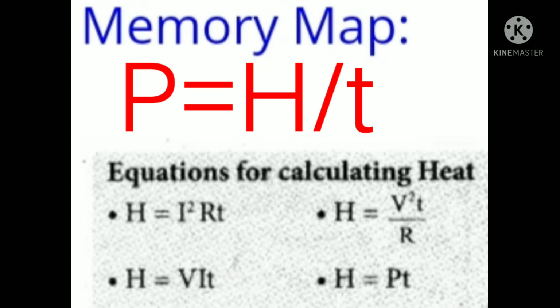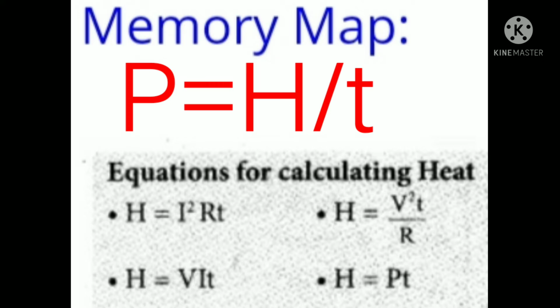Substituting this in the equations of heat, we got P is equal to I square RT by T. Two T's are cancelled. Then we got P is equal to I square into R. In all these equations of heat H, we can divide by T, that is time. We got the equations of power.